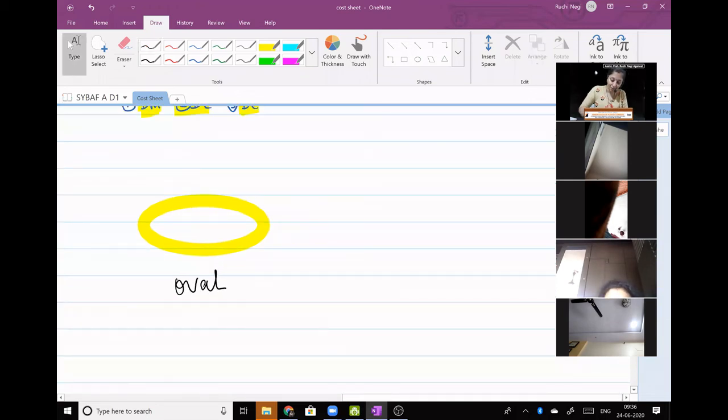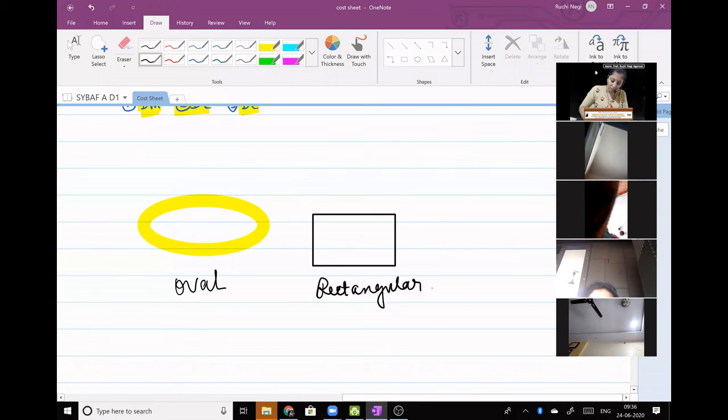Then say I manufacture this next soap, which is obviously of rectangular shape. And a round shape soap also comes, right? So next I will make a round shape soap.